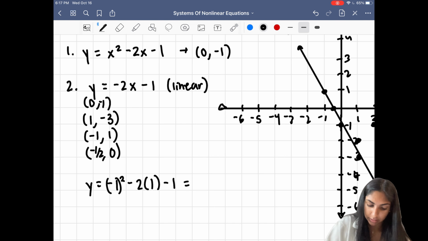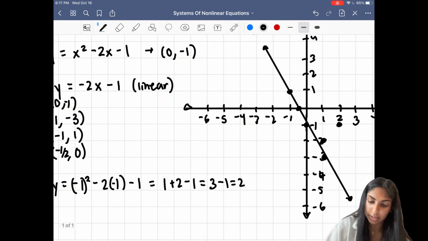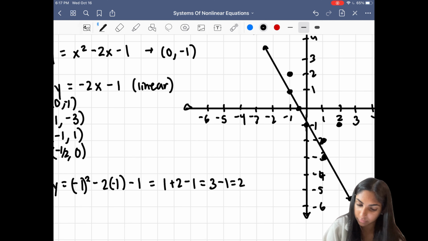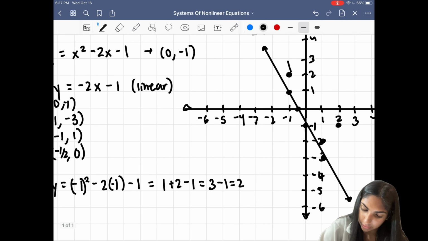So we'd get 1 plus 2 minus 1, which is 3 minus 1, which is 2. So we get negative 1 comma 2. So that's also a point on the parabola. And so now we can graph this. We can say that the parabola is going to look something like this.